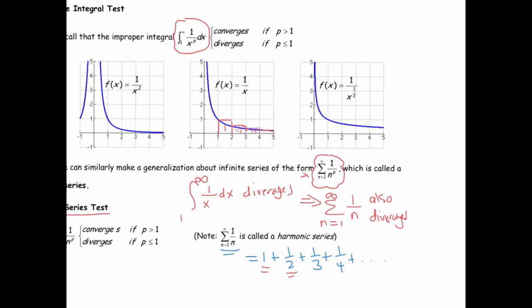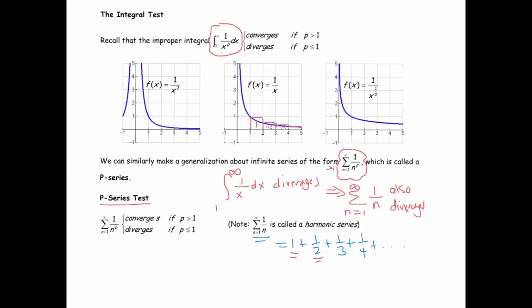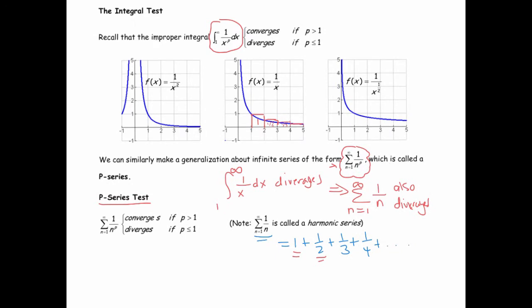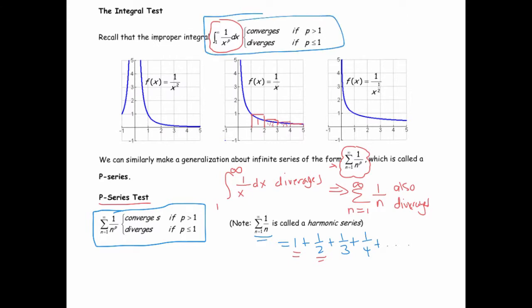And similarly for these other p-series. And so that is the basis of this conclusion here. Anything of this form just behaves like its continuous integral analog. So that's going to be useful when we're analyzing infinite series for convergence and divergence.